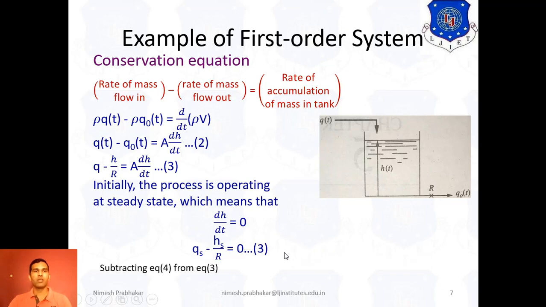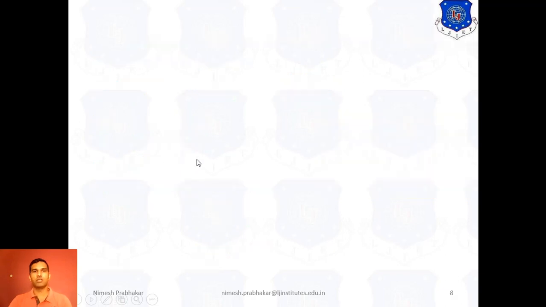Now subtracting equation number 4 from equation number 3, we can write Q minus Qs minus H by R plus Hs upon R is equal to A dH by dt.